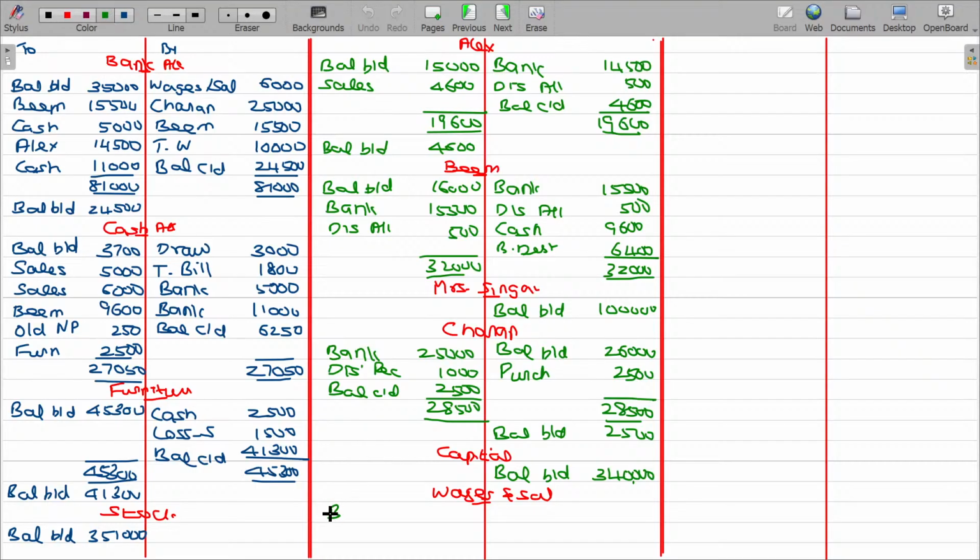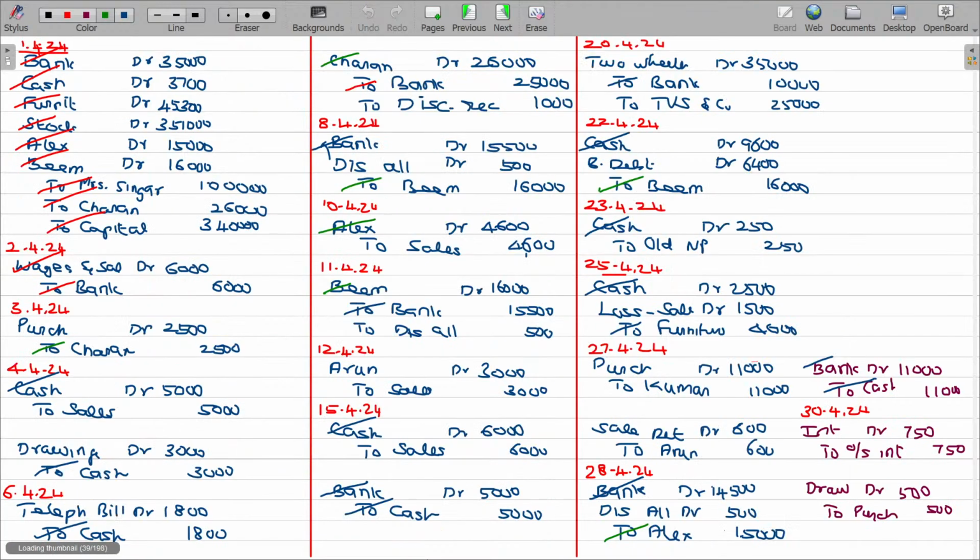To bank. The value being 6,000. We don't have any other transaction, so you tally this. Find out the balance carried on, and it becomes balance brought down. Clear? We got this answer here.